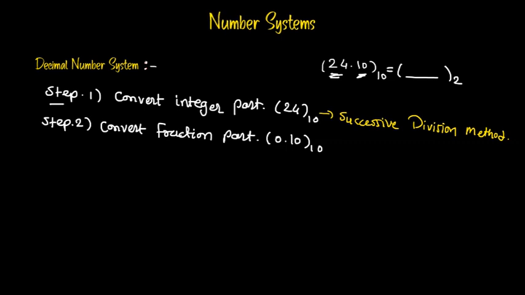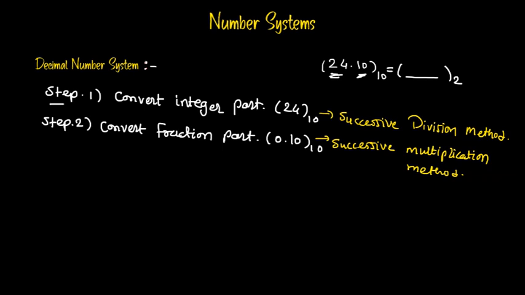The conversion of the fraction part is done by the successive multiplication method. To convert the fraction part into the binary number system, we will multiply 0.10 by 2.